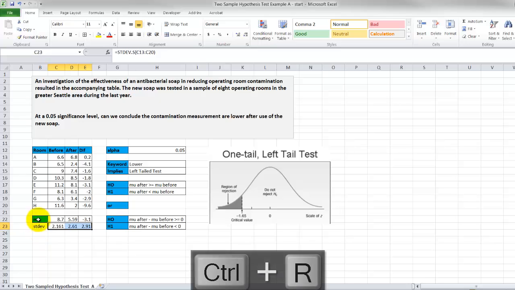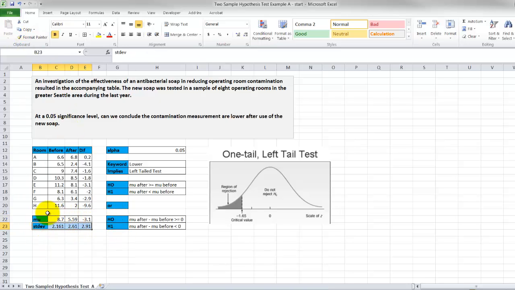And I'm just filling out the formulas here. So we could definitely do all those types of things. We're definitely going to have to calculate a critical value and a critical region.